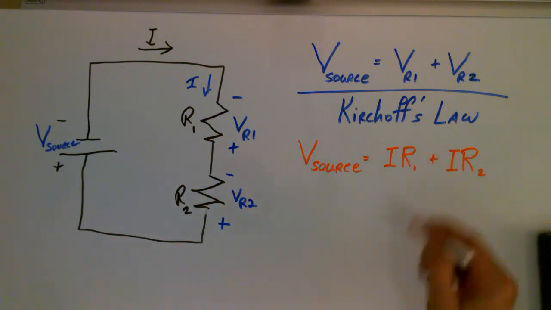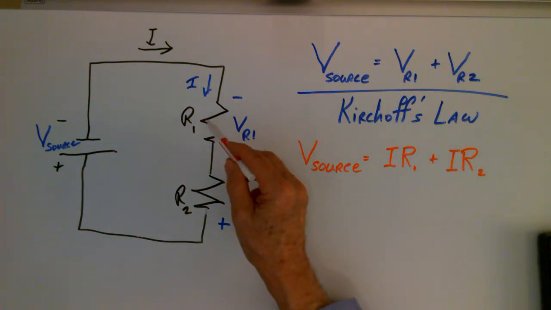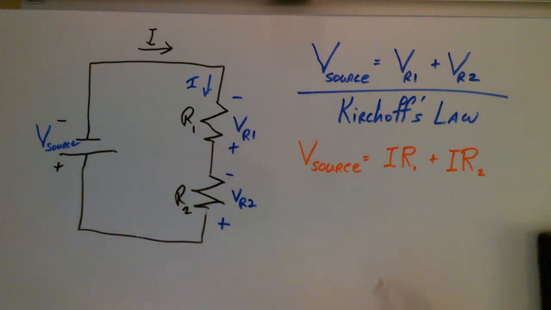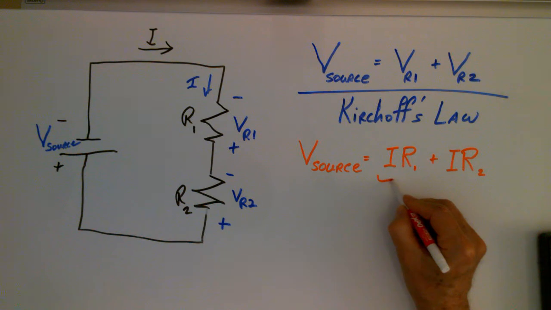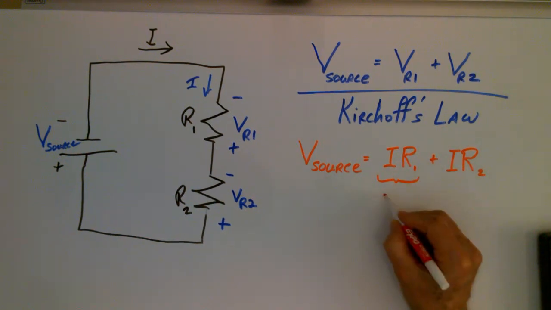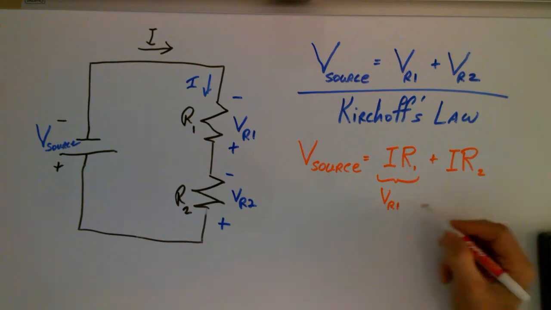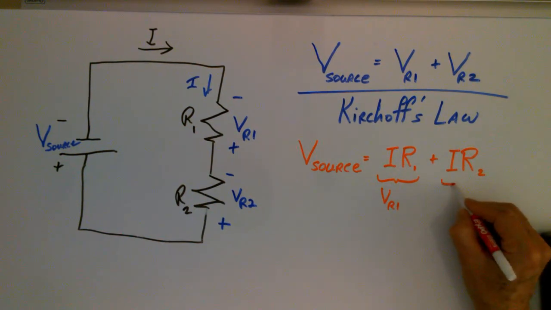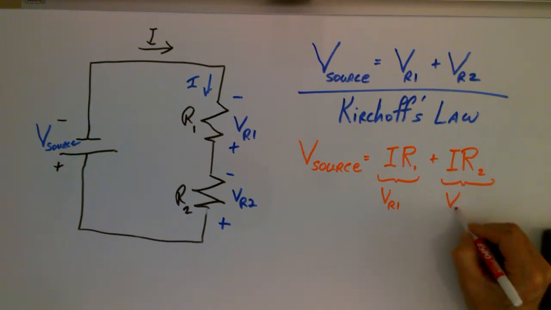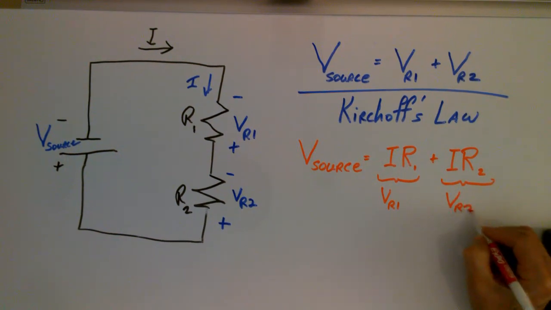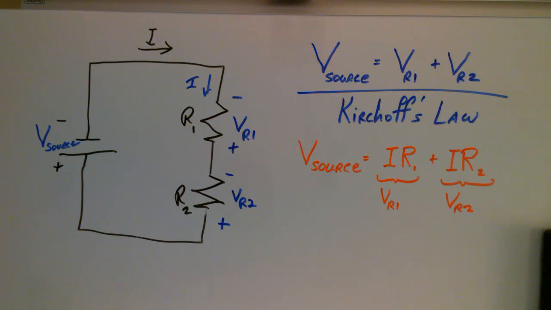So you just take that current, multiply times the ohm value of R1, and that will give you VR1. And this one will give you the value of VR2. So, Kirchhoff's law.